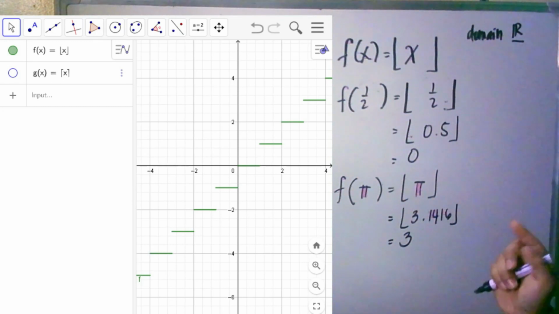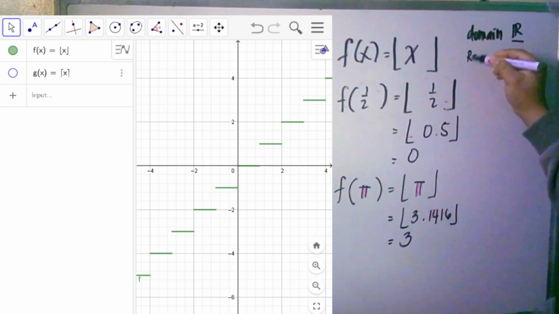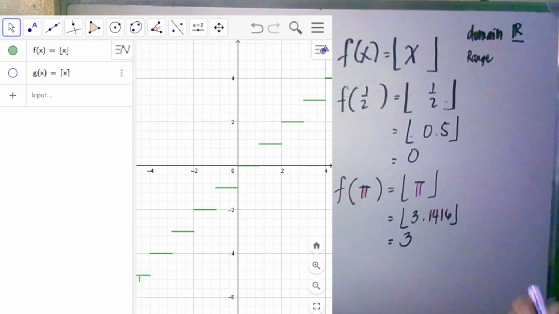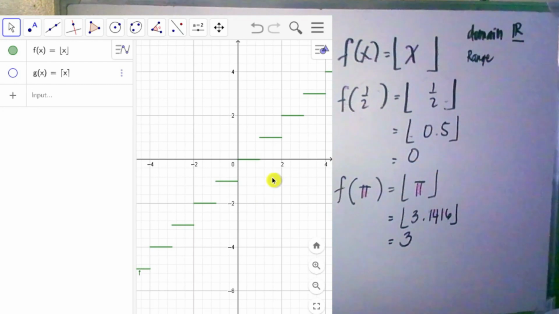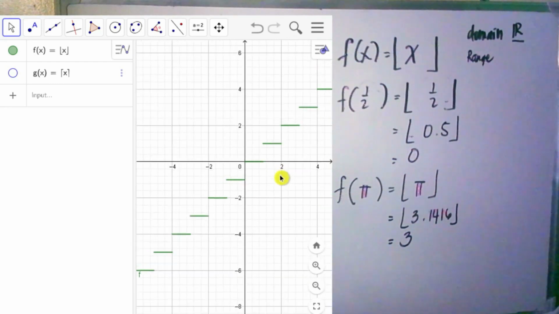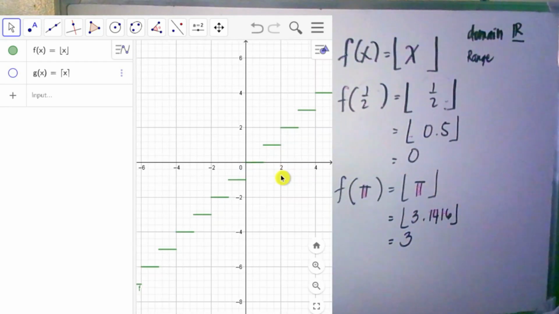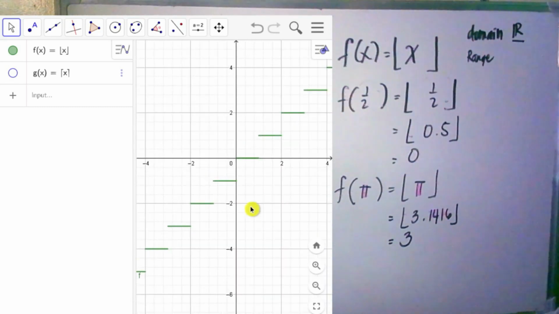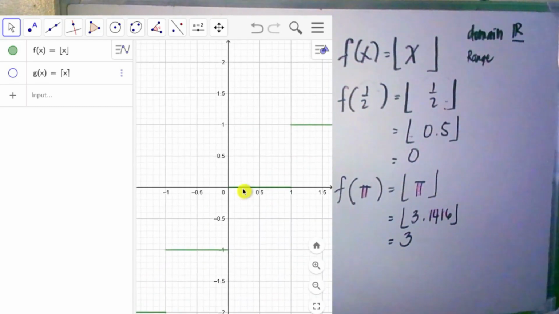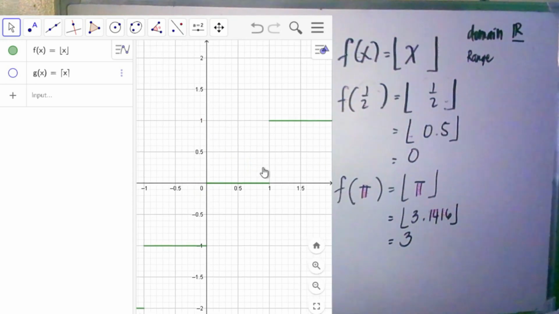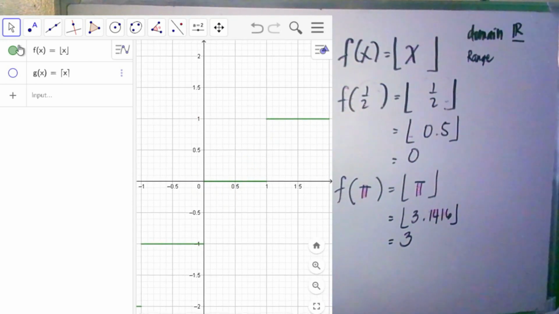Now, before I forget, if the domain is the set of real numbers, what should be the range? We can base our answer from this graph. If you notice, every number in the x-axis is covered by the graph. But when we look at the y-axis, for instance, between 0 and 1, the green here represents the graph of the floor function.